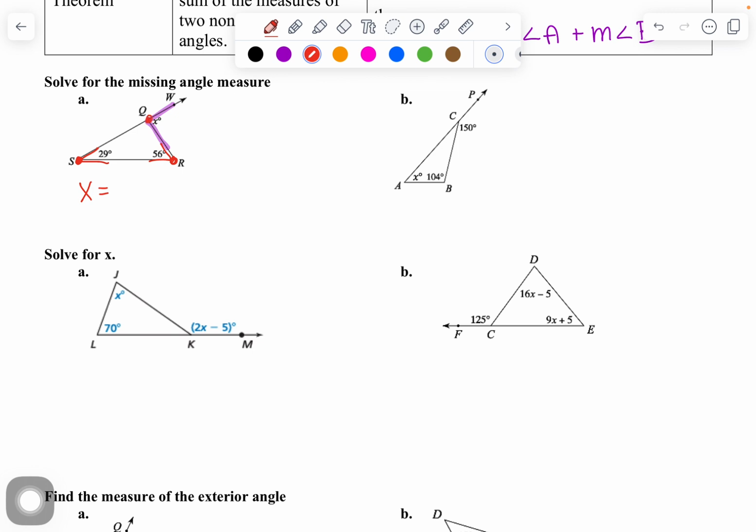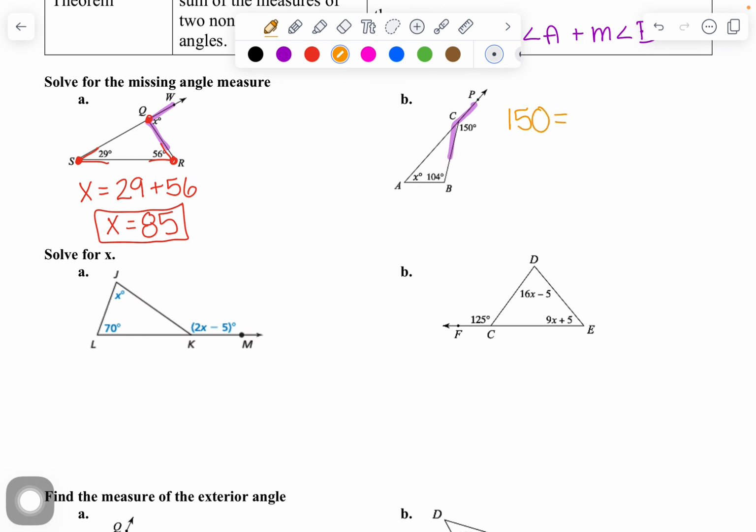So exterior angle equals interior plus interior, but not the ones right next to it. So in this case, x is equal to 85. We could do similar on problem B, but this time the exterior angle is not the x, it's the 150.